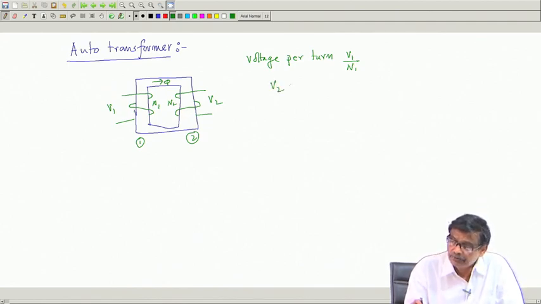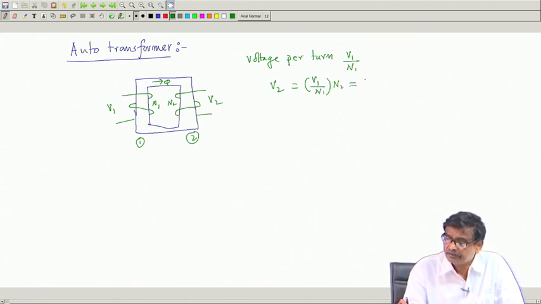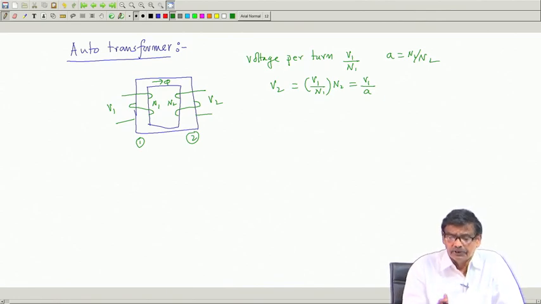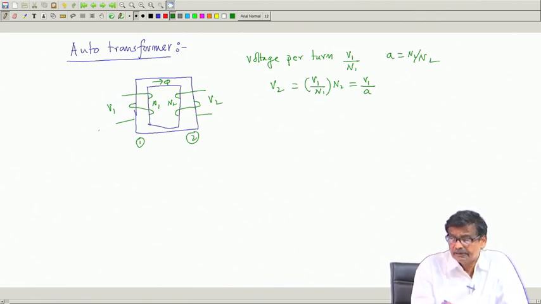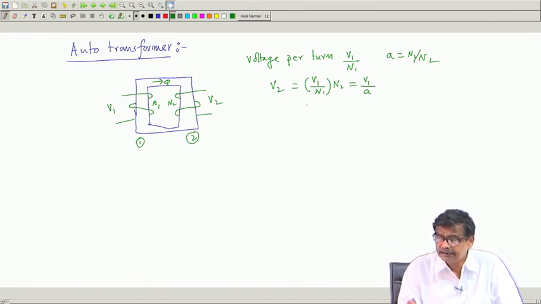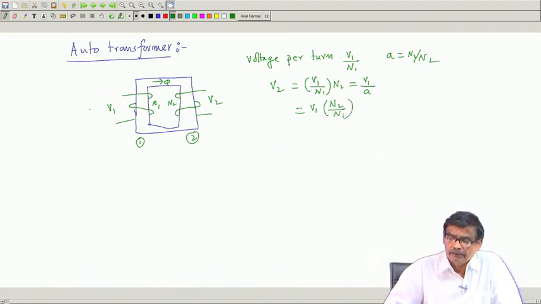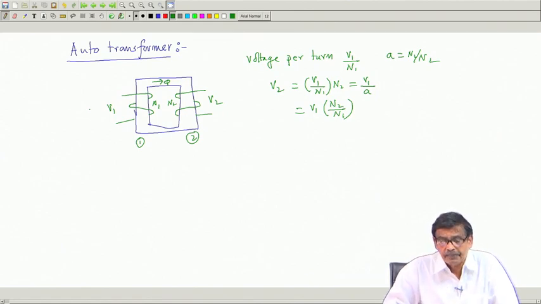Therefore, V 2 will be voltage per turn, that is V 1 by N 1 into N 2, and we know this is equal to V 1 by A, where A is N 1 by N 2. So, you can either step up or step down a voltage depending upon this ratio. V 1 may be stepped up or stepped down. So, this is one way of doing.